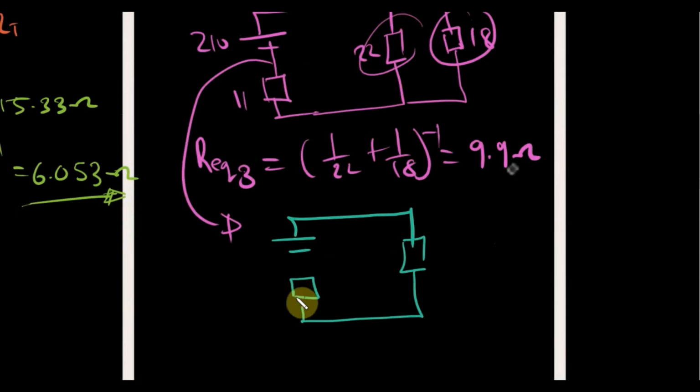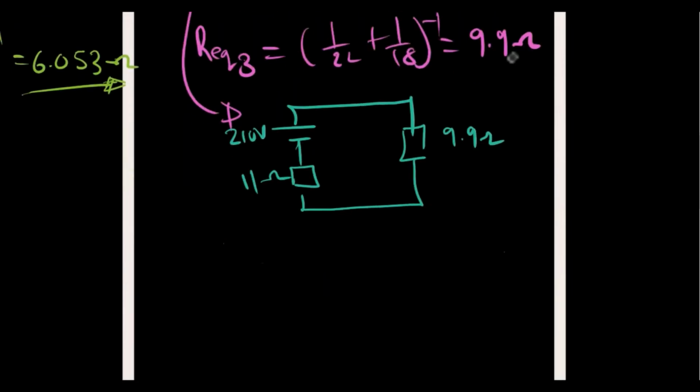In your circuit analysis, 210 volts, 11 ohms, this is 9.9 ohms. Okay, looking at this, we have two resistors in series, and we know that in series, what happens to voltage?